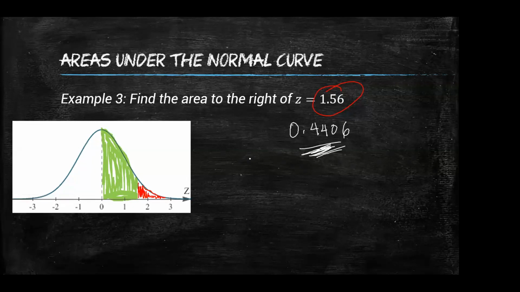Nakuha? So, to find the area to the right of Z, which is 1.56, that is 0.5 minus the area from 0 to 1.56, which is 0.4406. The difference is the area to the right, which is ilan? Ilan? Sige nga. Paki-chat yung answer.